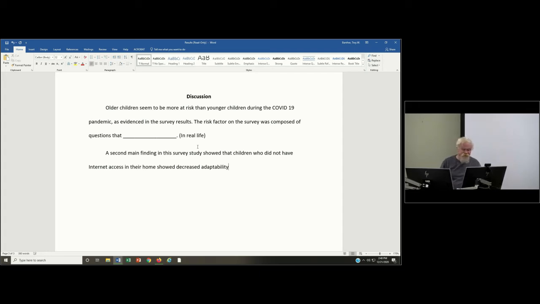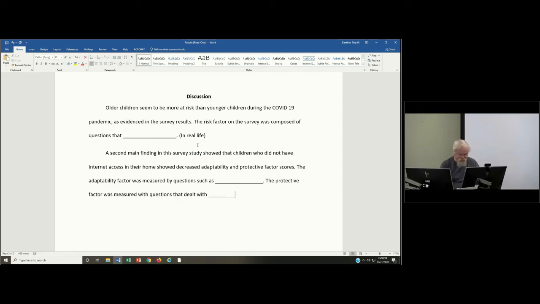So again, I'm just going to say the adaptability factor was measured by questions such as, and then you give examples, all right, and then the protective factor was measured with questions that dealt with, and then you give some examples, and then I'm just going to put in real life again because we want to know, how do your findings relate to real life?